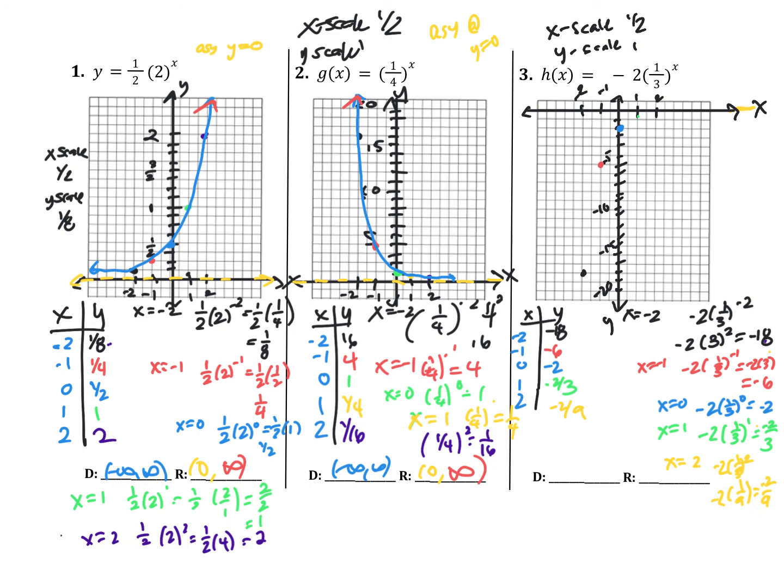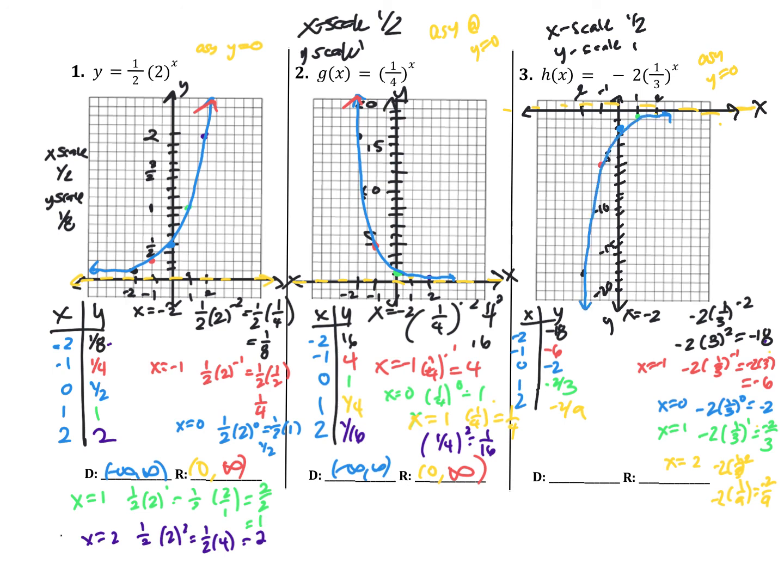I'm not going to get it exactly. I'm just going to make it right about there. And then -2/9 should be smaller, so I should be getting closer to the axes because remember, my graph is approaching this asymptote at y equals 0. So now I'm going to go ahead and connect that curve and then identify the domain and range.